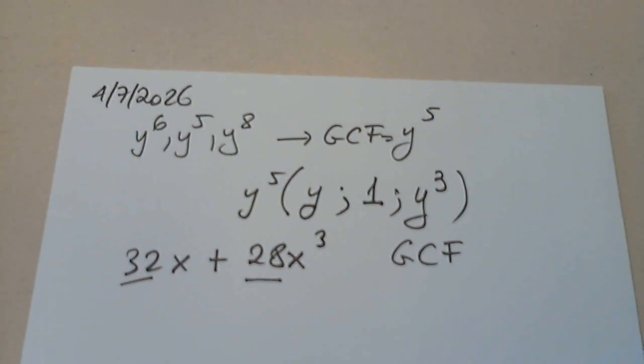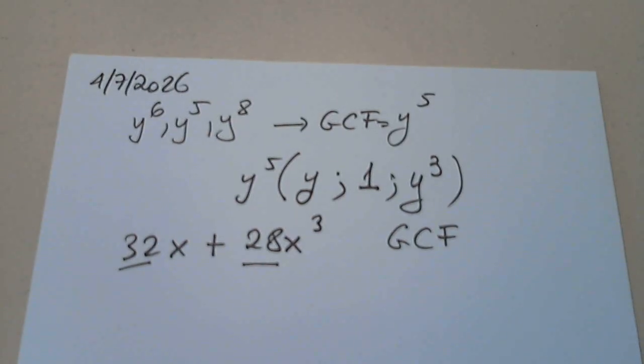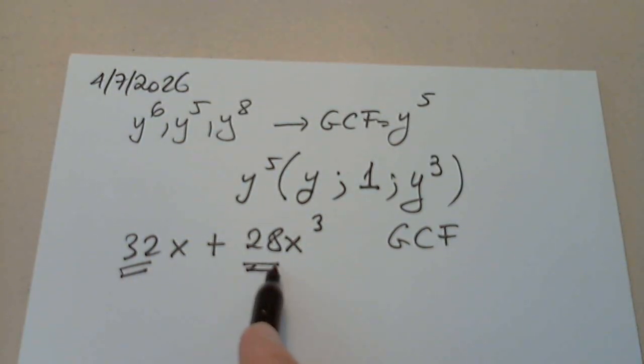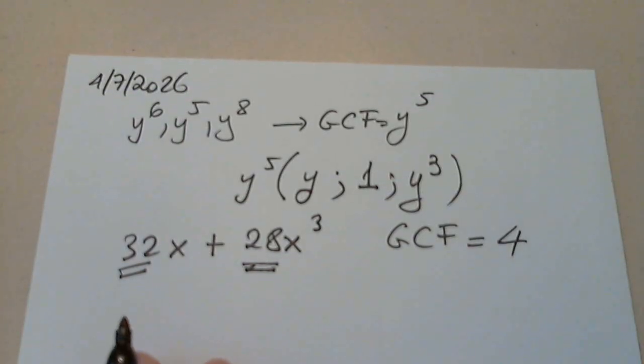The largest possible number that is a factor of those two. Anybody, please. What is the greatest common factor of 32 and 28? Four. Very good.